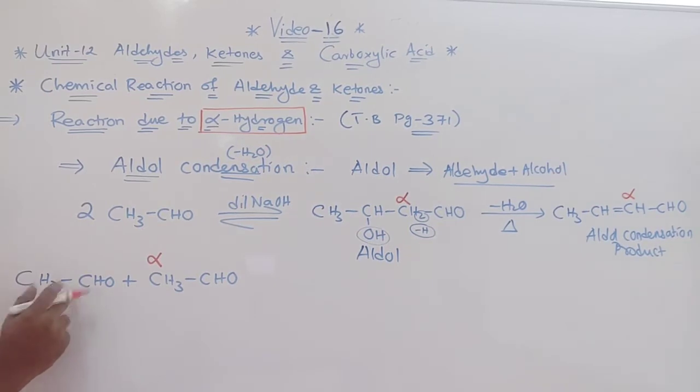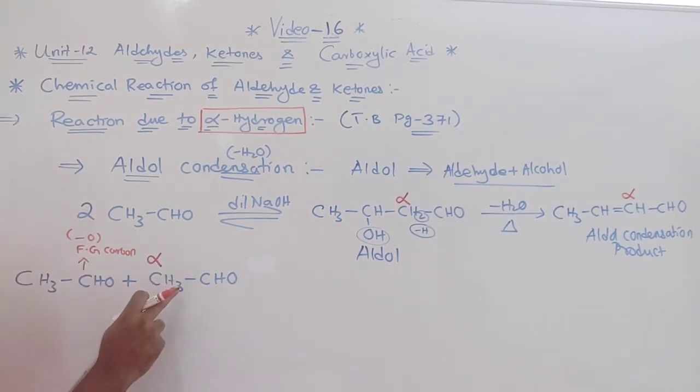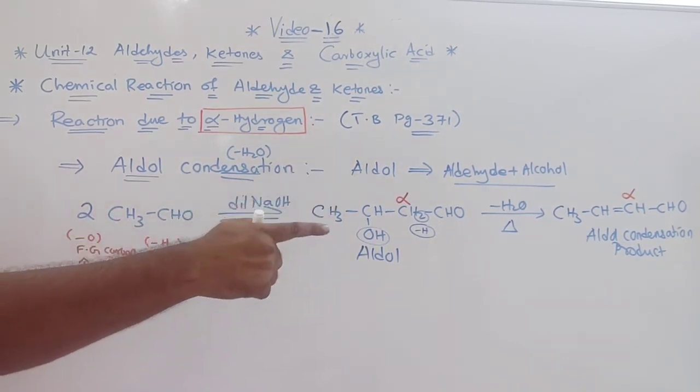And this carbon is the functional group carbon. From one molecule, from the functional group carbon, I will remove oxygen, and from the alpha carbon, I will remove hydrogen, minus H2.